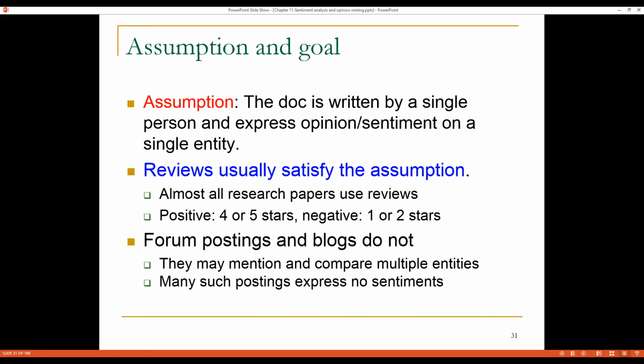Almost all research papers use reviews, and with the star system, 4 or 5 stars are considered positive, 1 or 2 stars would be considered negative. Forum postings and blogs do not. They may mention and compare multiple entities, and many such postings express no sentiments.